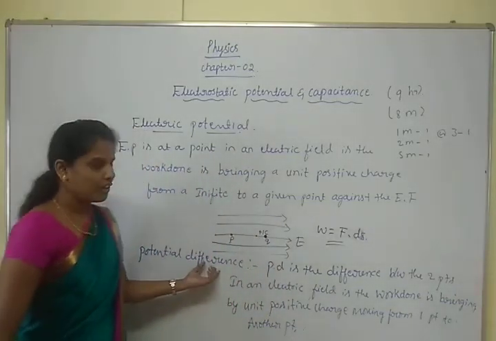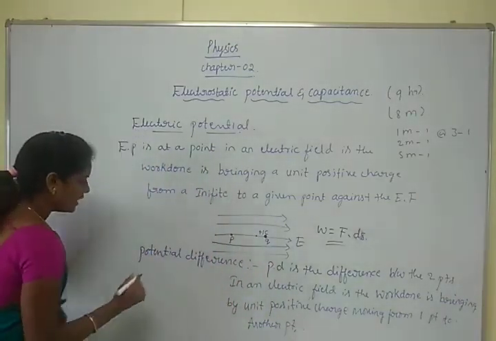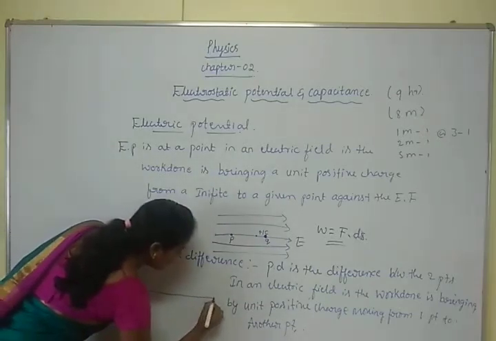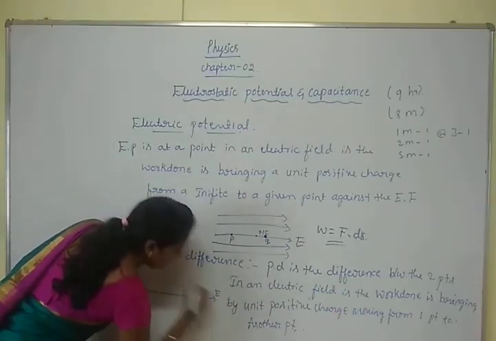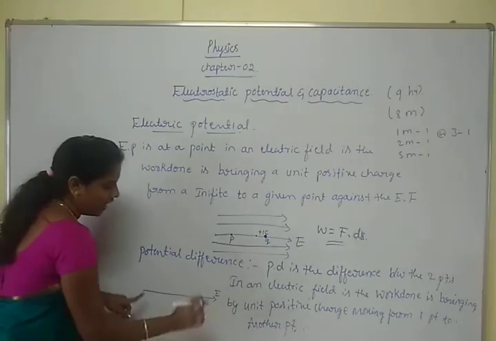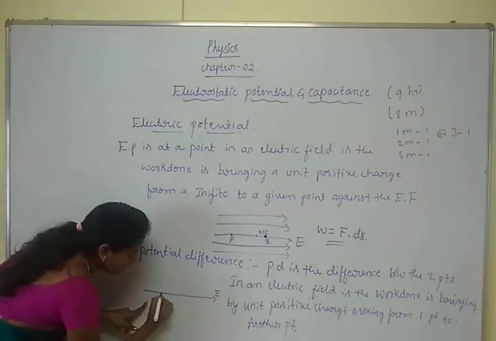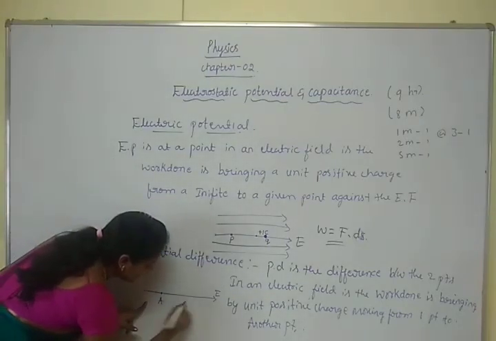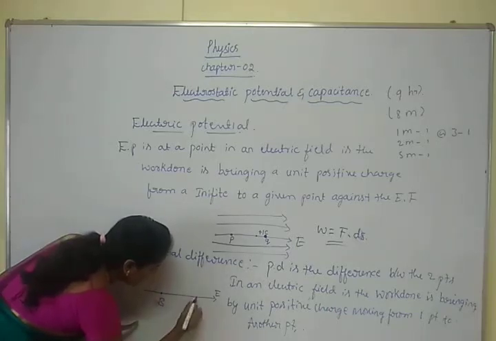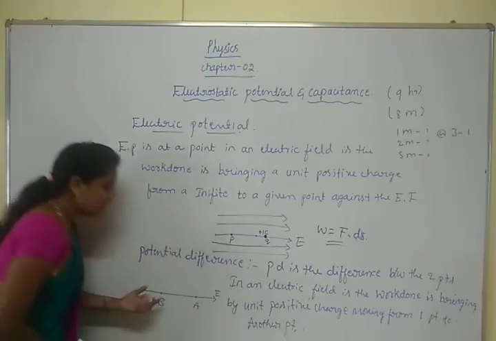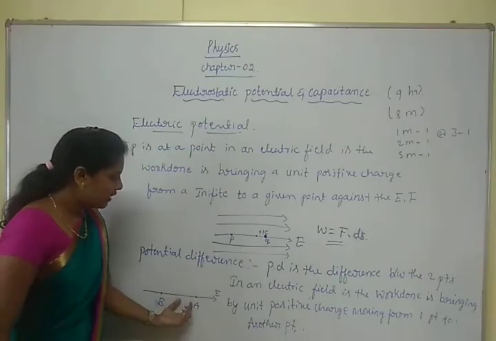Consider an electric field like this. This is the direction of the electric field. I consider two points on this electric field, A and B. Sorry, this is B, this is A. A and B are the two points in an electric field.